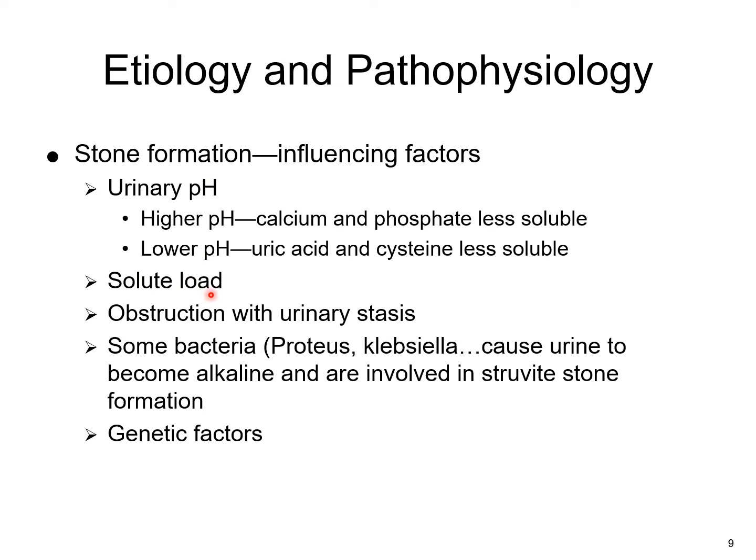Too much solute is a factor. Maybe there's some type of obstruction where urine is not moving forward. That's an issue. For the struvite stones that I mentioned earlier, bacteria is the main problem, right? The different types of bacteria can cause the urine to become alkaline, and then that can lead to struvite stone formation. And then there are some other things like genetic factors as well that have been implicated.